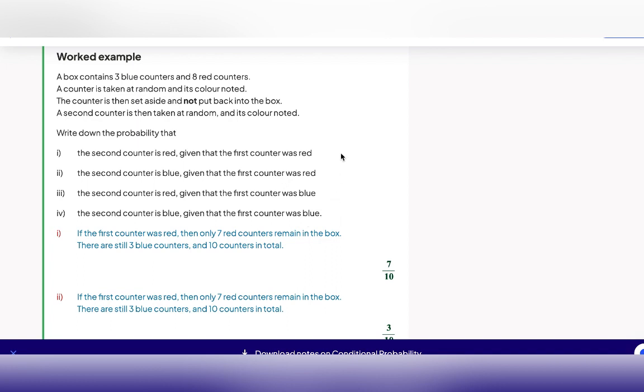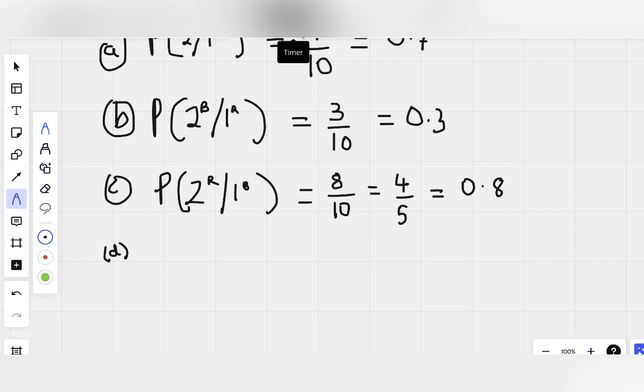So here we're looking for the probability of the second counter being blue, given that the first one was also blue.